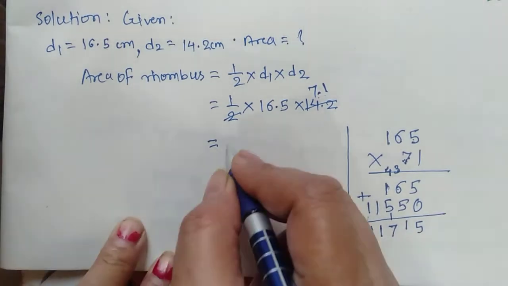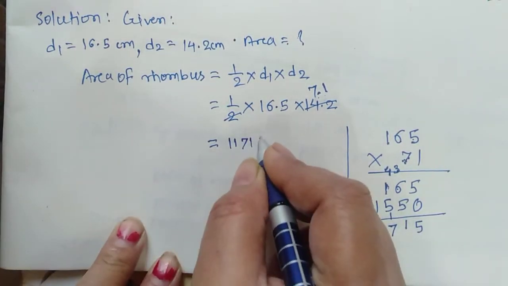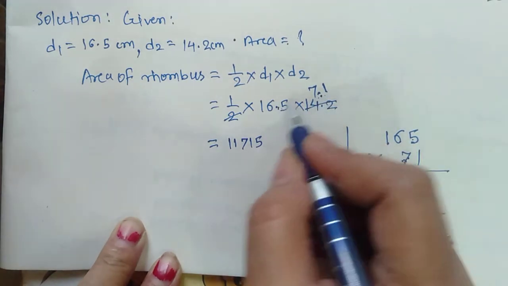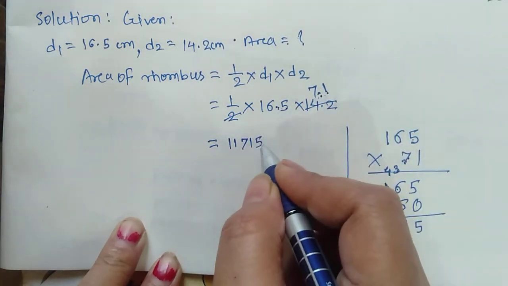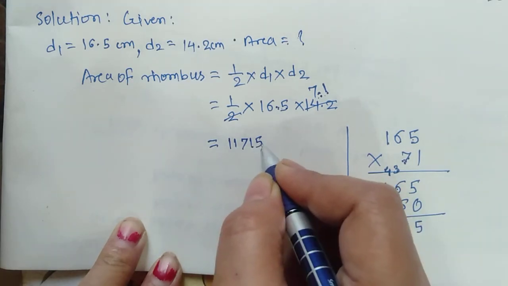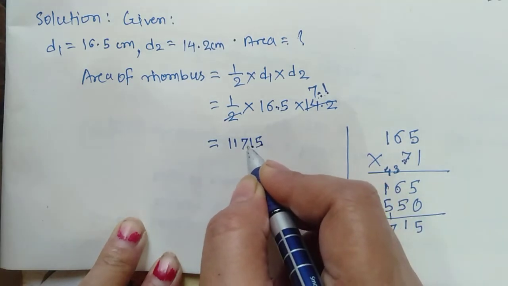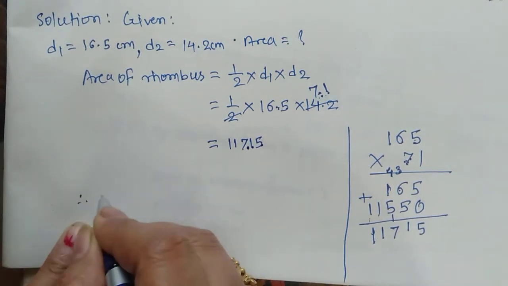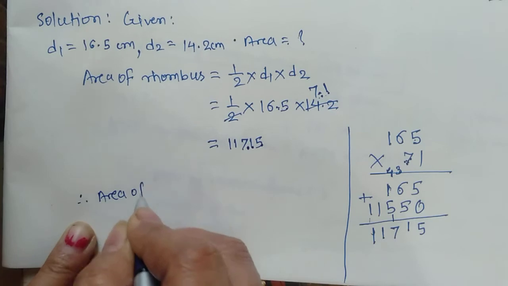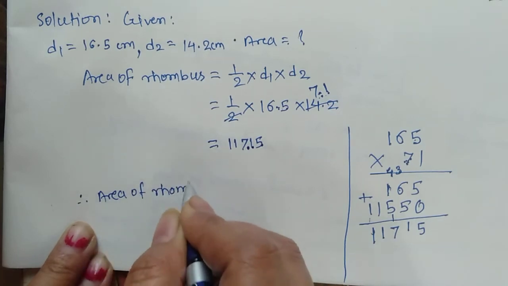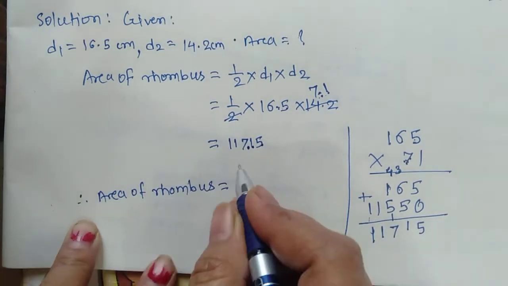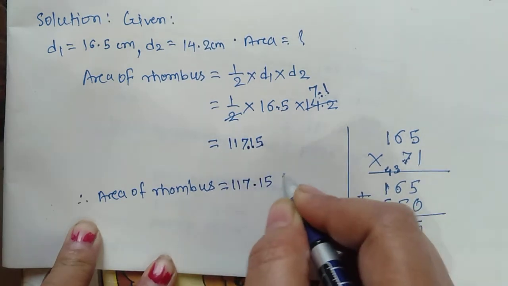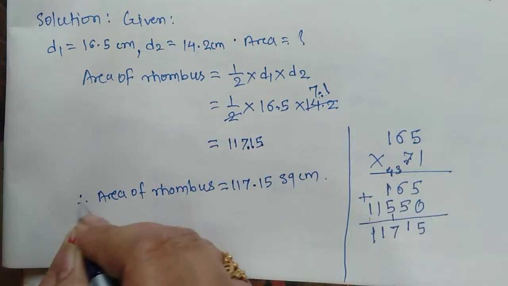So the answer is 11,750. See here how many decimal places? 1 and 2. So leave 2 digits from the right side and put the decimal point. So therefore area of rhombus is equal to 117.15 square centimeter.